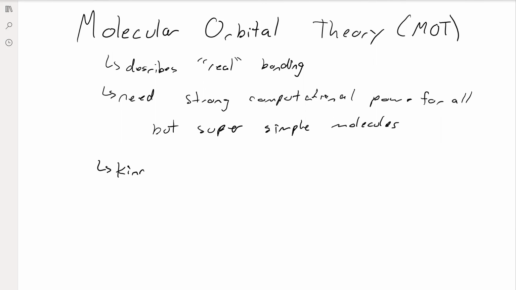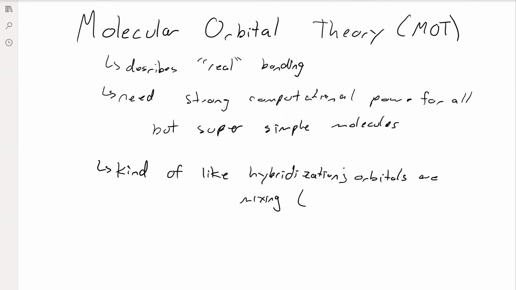Molecular orbital theory is very similar to valence bond theory in terms of its hybridization. So it's kind of like hybridization. The orbitals are mixing. So atomic orbitals are mixing in order to become molecular orbitals.